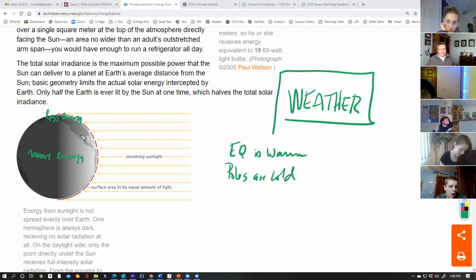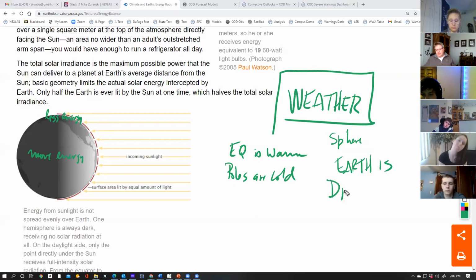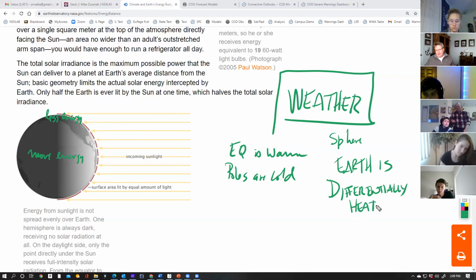The college answer is the sun has more insolation at the equatorial regions annually than the polar regions annually because the Earth is a sphere. The Earth, and here's what you need to know, the Earth is differentially heated by the sun because the Earth is a sphere.